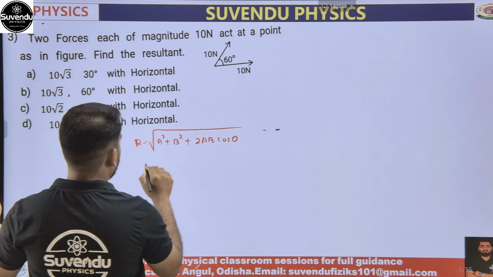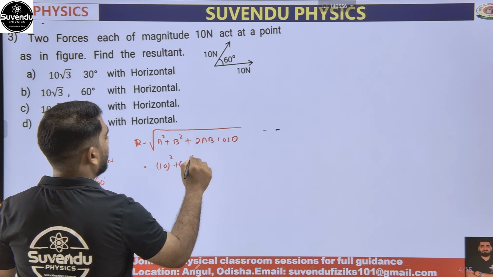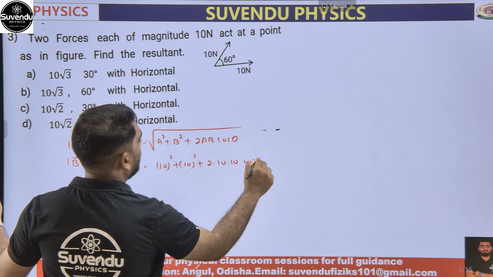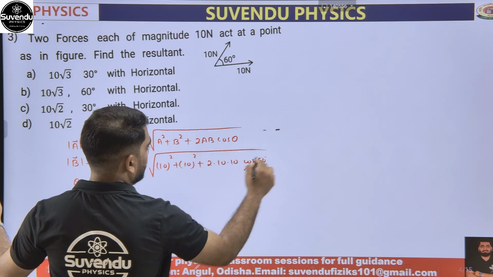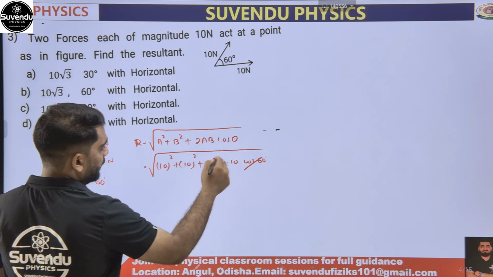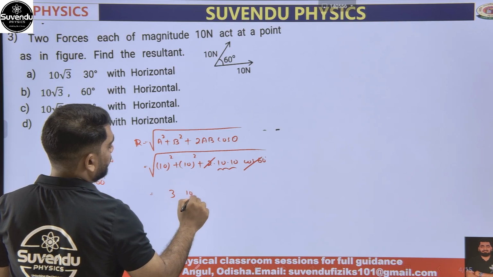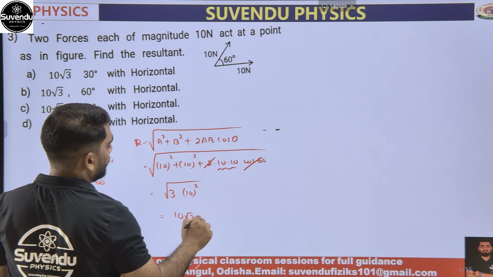That is the square root of 10 square plus 10 square plus 2 into 10 into 10 cos 60 degrees. Cos 60 is 1 by 2, and 2 into 1 by 2 is 1. So we get 3 times 10 square, under the root, that is 10 root 3 Newton.